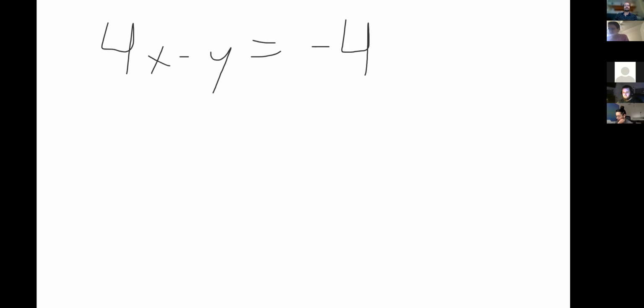It should say 4x minus y equals minus 4. Is it the test 2 review? Yeah, it's the test 2 review. It should be 3B. The question asks for the y-intercept and asks you to graph it.